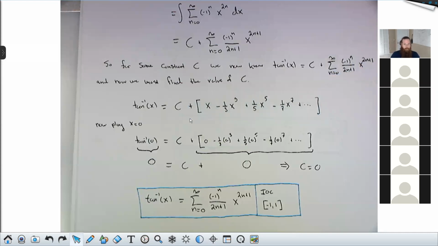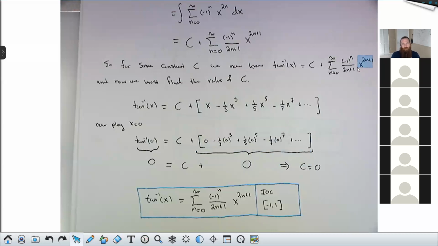Are you always plugging in 0 for x? Usually. If you're plugging in like 1 or 1/2 or something else like that, you're not going to be able to say what that is right away. When I look at this, I'm able to say, oh yeah, that's definitely 0 because every single term of the series is 0. Usually what you'll be doing is plugging in whatever the center is.